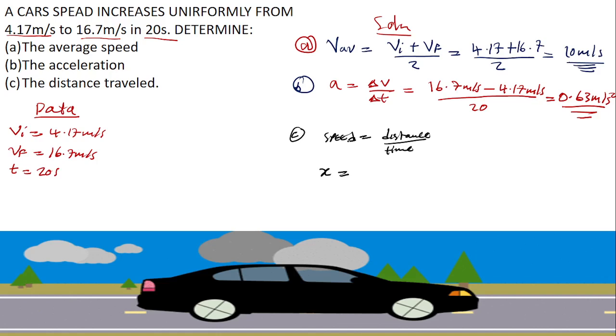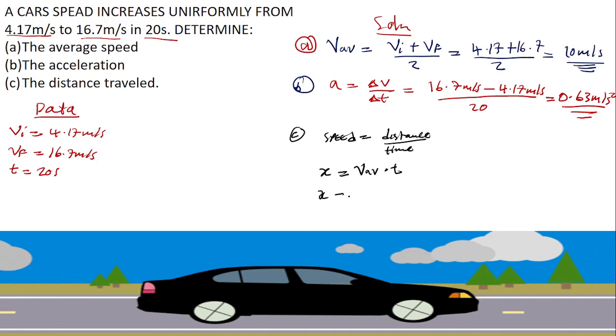So x is simply equal to the average velocity, which was 10 meters per second, times the time which we have, which is simply 20 seconds.